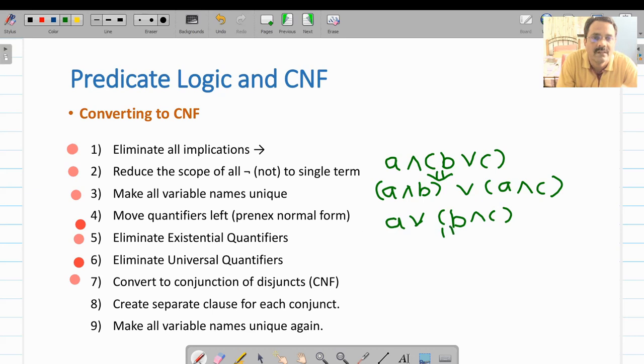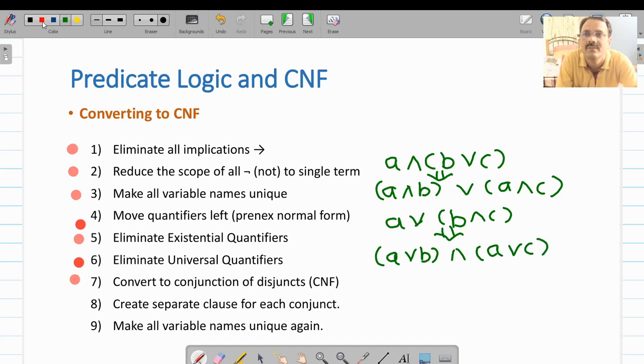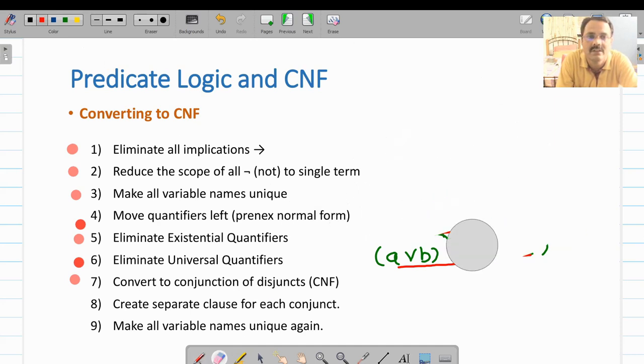We know that this is equivalent to (A or B) and (A or C). So this is the required form. Most of the time you will have to apply this particular formula because this is the form in which we are interested. So use these distributive and associative laws so that you will get the required conjunctive normal form.